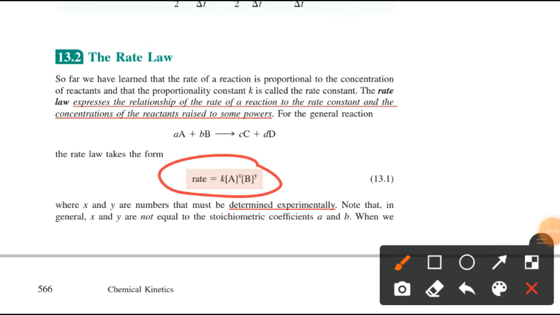Basically, rate law tells us that the rate of a chemical reaction is directly proportional to the concentration of reactant. We have replaced the proportionality with a constant K, which is known as rate constant.